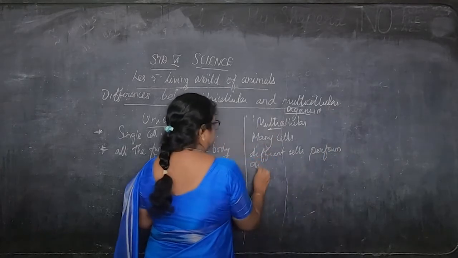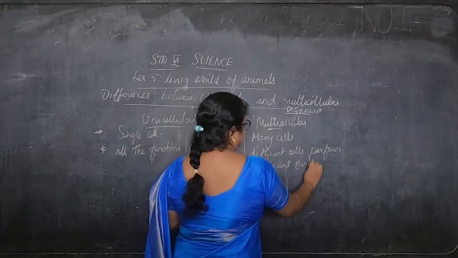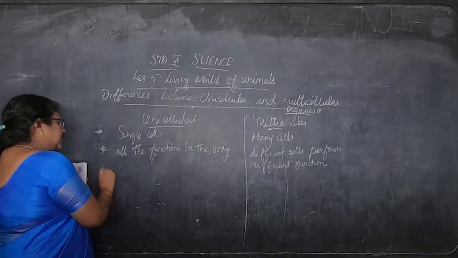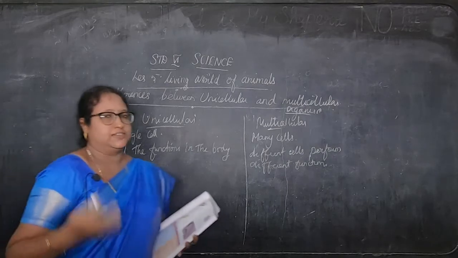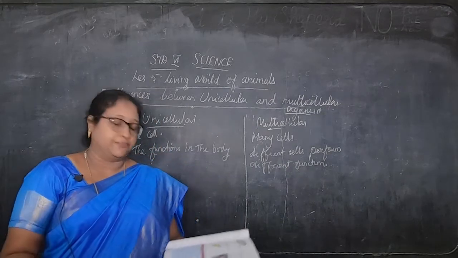In unicellular you can find all the functions in the same body, like digestion, locomotion, respiration, all in the same cell. But in the multicellular, different cells perform different functions.